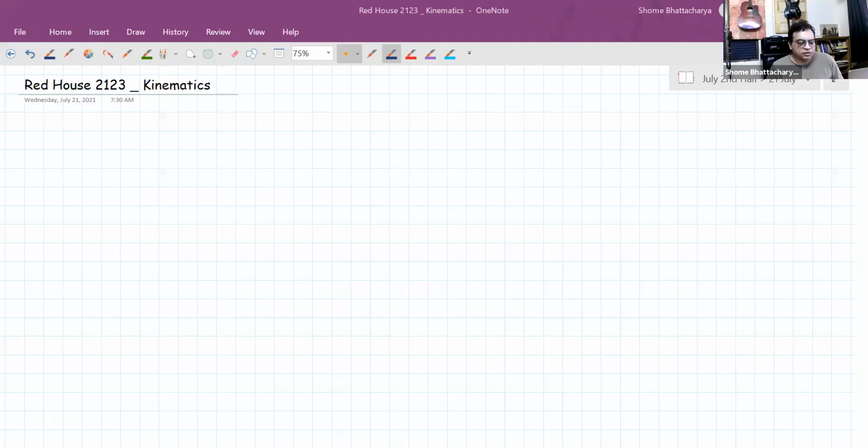So we were talking about the various kinematics parameters last time, and we saw the general definition in vector form, like position vector, displacement vector, velocity, both instantaneous and average, and then acceleration, both instantaneous and average.